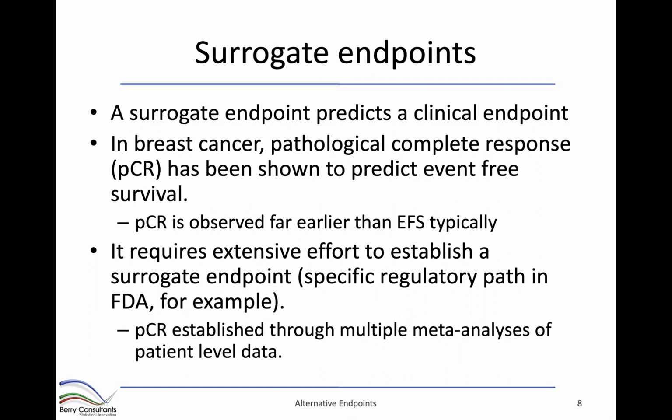That has happened in multiple meta-analyses of patient-level data, and that requires extensive effort in order to establish. But once you have it, it's another way of getting a more sensitive endpoint. Also within breast cancer, PCR is observed far earlier than EFS. So not only are you able to make smaller trials, you're also able to make shorter trials and get good treatments to patients faster.